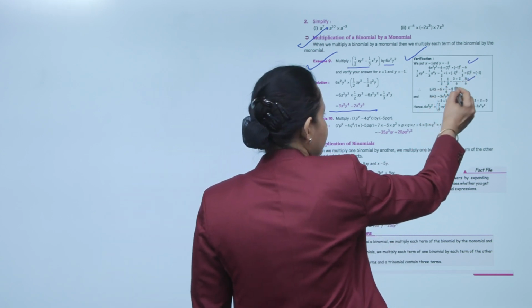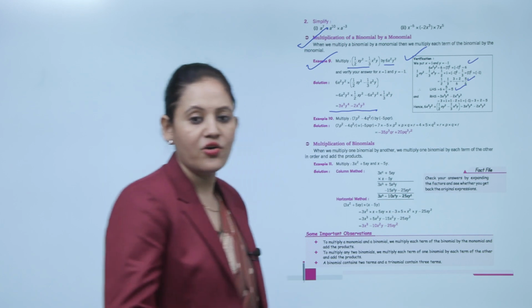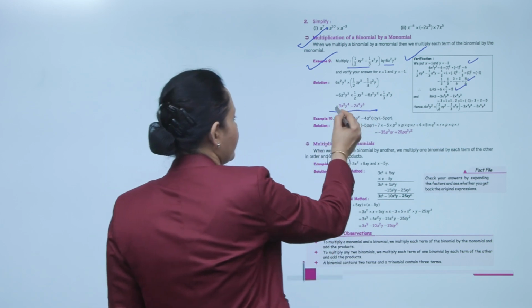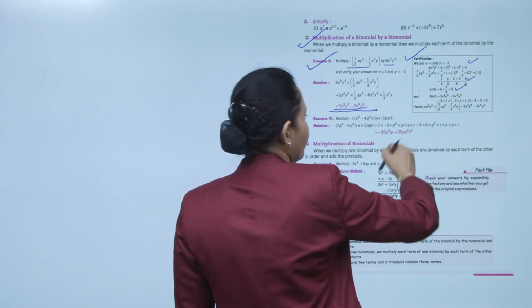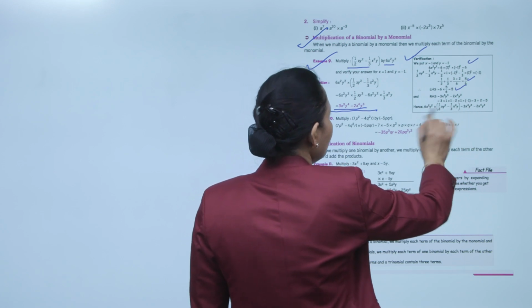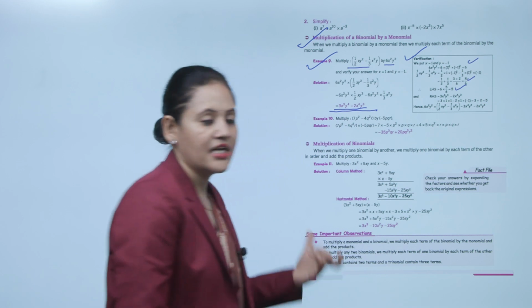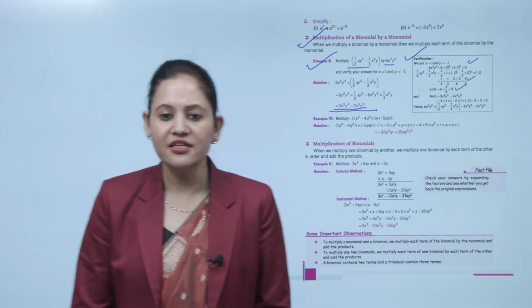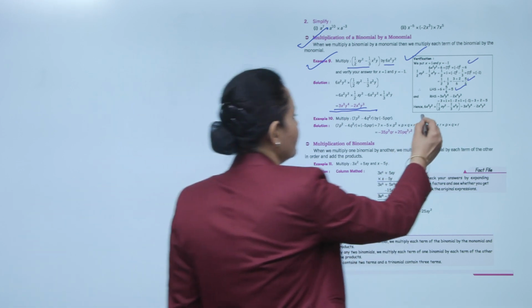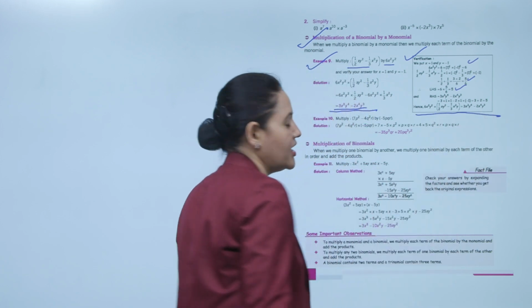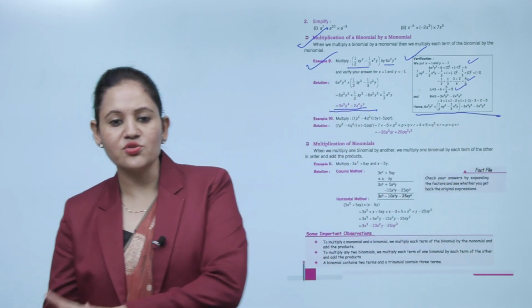So 6 into 5 by 6 is equal to 5. Now on the right side we put the values, so that is equal to 5. That means the right hand side equals the left hand side, hence proved. Means both sides are equal, left hand side equals right hand side.